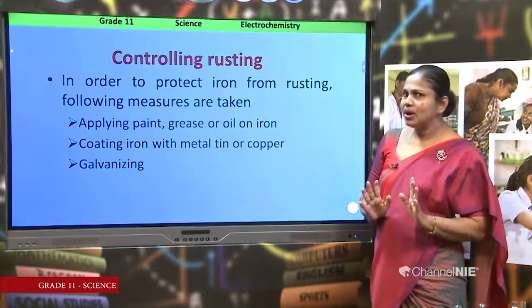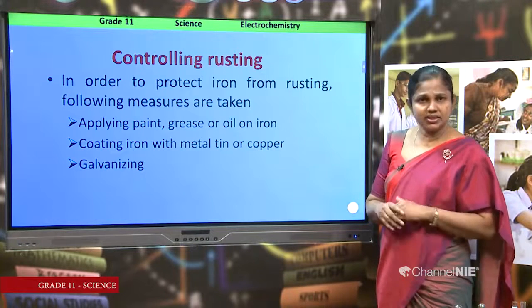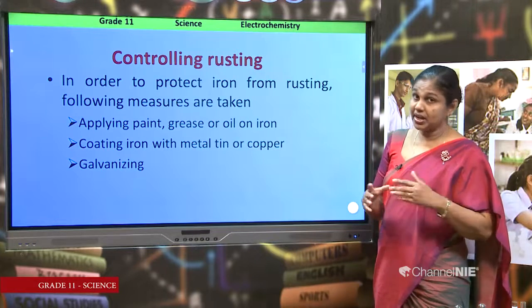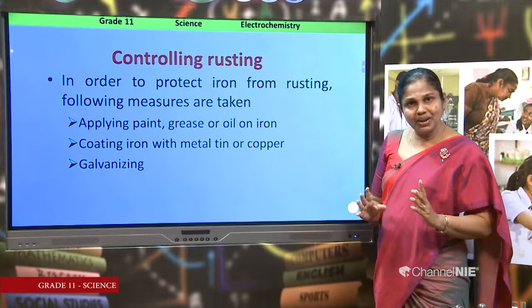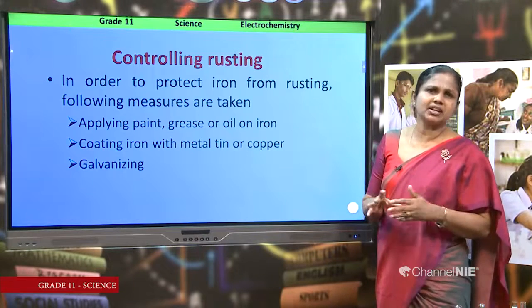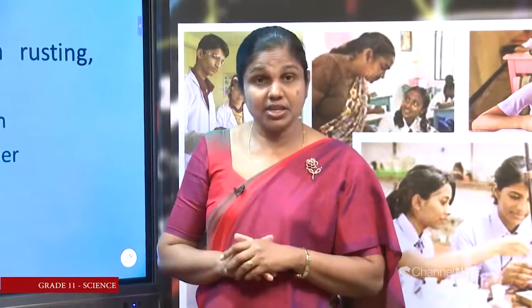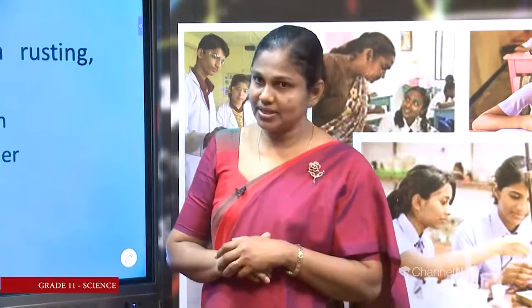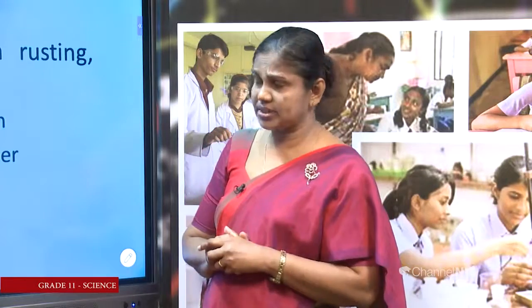Now, we know how rusting occurs and what are the factors essential and what are the other factors affecting rusting. And also we know rusting is a problem. It's a problematic process. Therefore, we must find steps to control rusting. What are the steps that can be followed to control rusting?